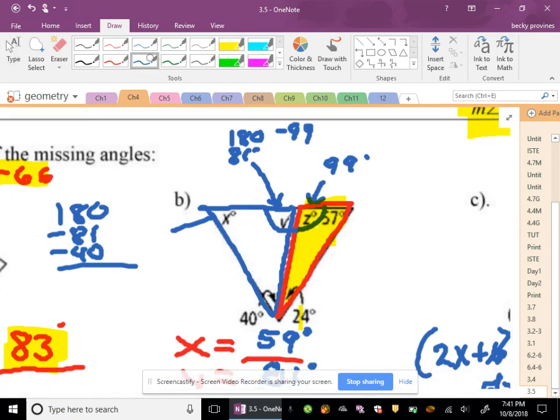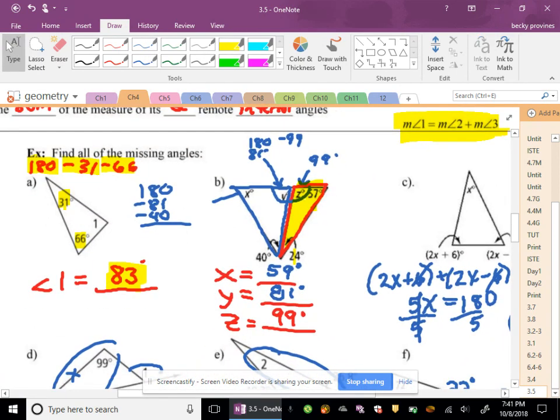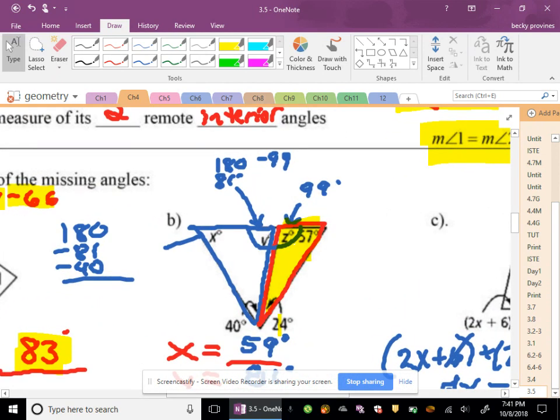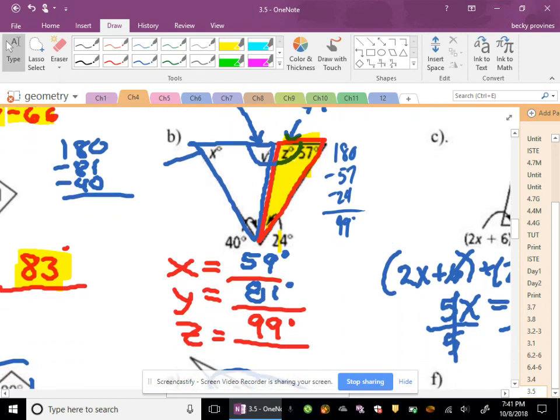I have 180 degrees, and let's subtract 57 and 24. When I do that, you should get 99 degrees. So that's angle Z. Down here, I have 99.